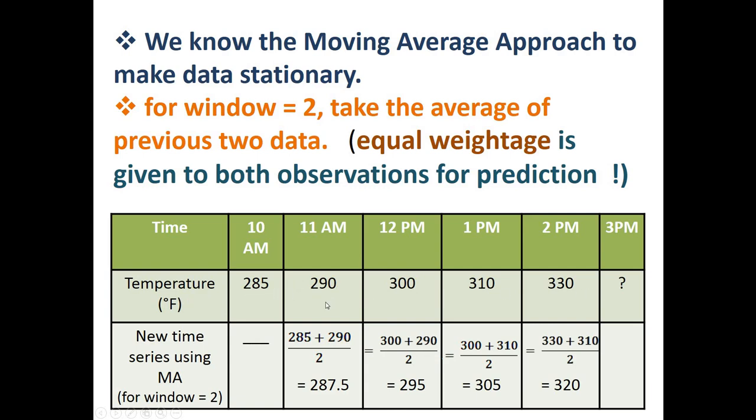Window equal to 2 means you group the first two data points, take an average and write it down in the second place. Again slide the window between 290 and 300, average it and write it down in the third place. So you go on moving the window of 2 from left to right and writing down the average. This was the moving average technique.